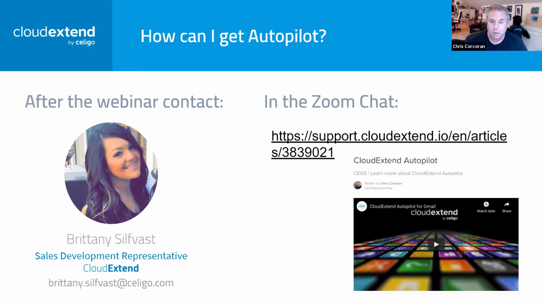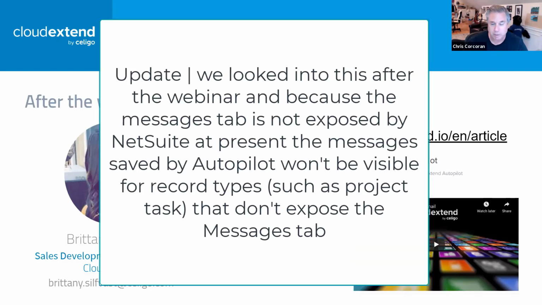And since we're not putting all the communications on the Gmail tab, only ones that someone has manually initiated through our application, so that first message that someone manually attaches, whether it's through Autopilot or not, they're wondering how they can see those records. So we've got your information. We're going to have to check this out and get back to you. I suspect the answer is going to be that you won't be able to see those messages and that we might have to come up with a solution.